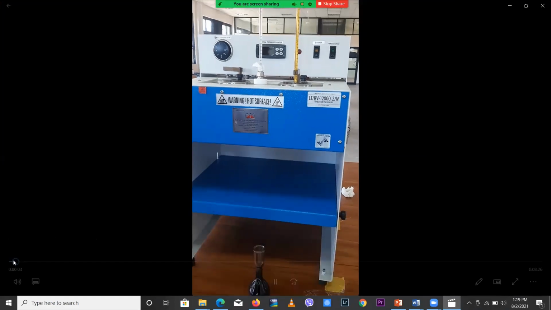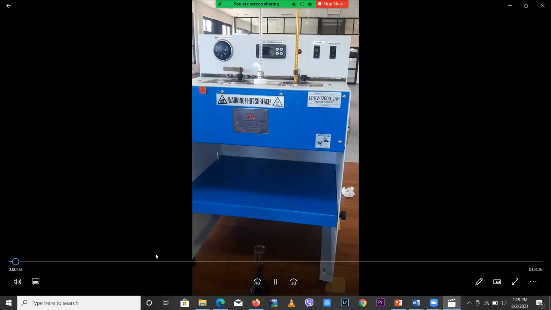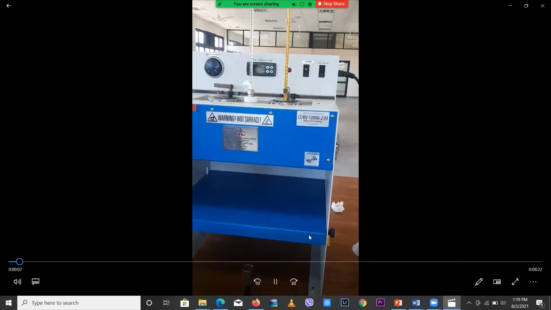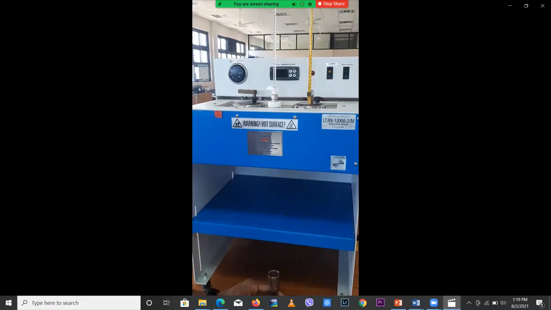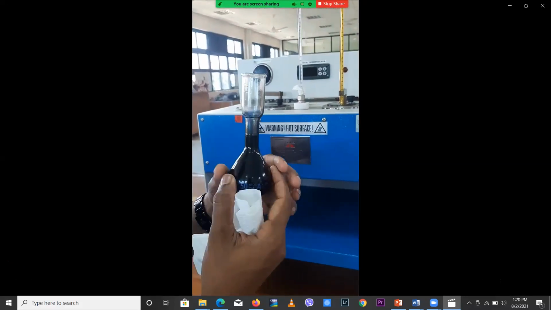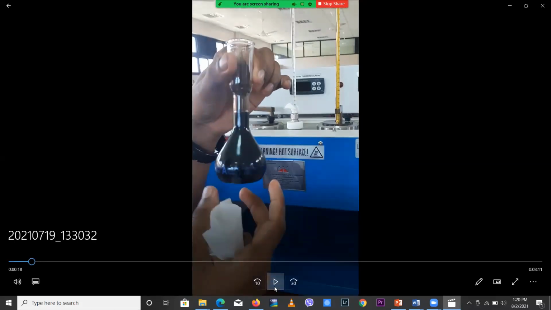This is the apparatus to find out the viscosity of a certain lubrication oil. Now we are going to determine the viscosity of the used oil. By looking at the color, you can understand it is used oil.